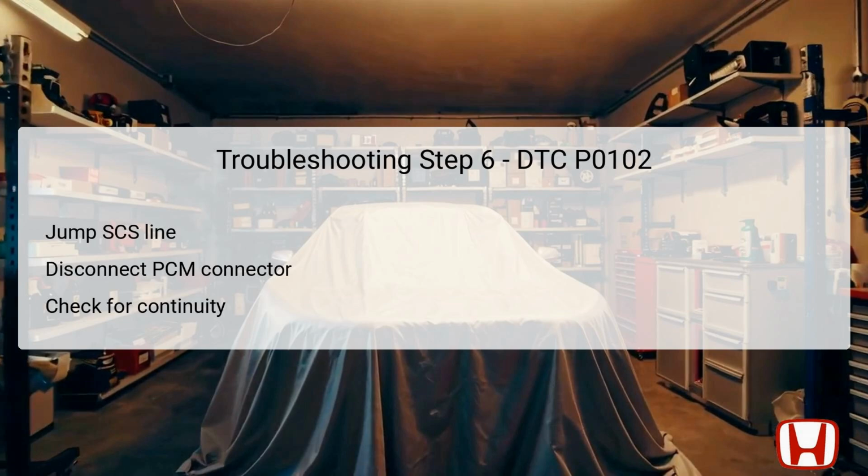Ensuring continuity between the MAF sensor/IAT sensor connector and body ground is essential for validating that the VGP wiring is not shorted. If continuity is confirmed, there is likely a short somewhere along the wiring, necessitating repairs in that area. If continuity is absent, it suggests that the VGP wire is functional.